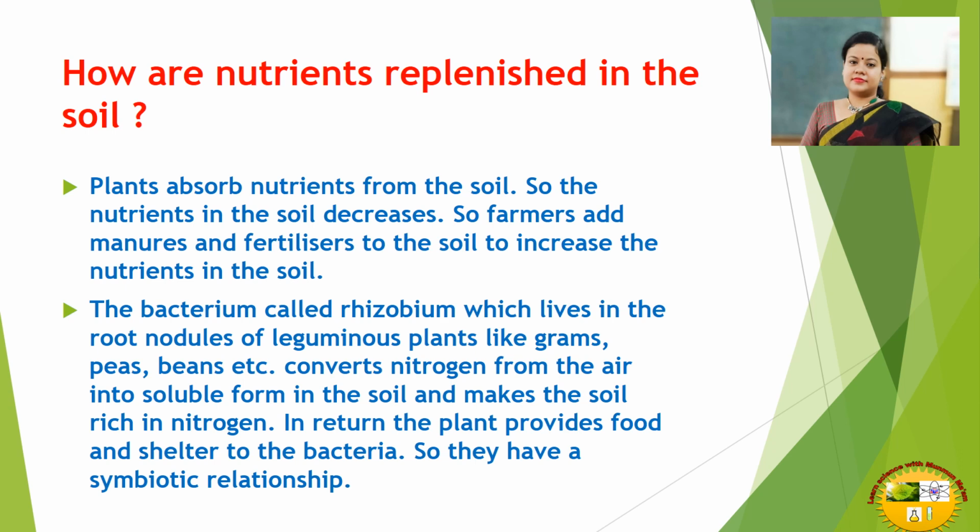We have discussed in our previous video that atmospheric nitrogen cannot be used by the plant directly. So these rhizobium take in the nitrogen and convert it into a soluble and usable form for the plant. In return, the plant provides food and shelter to the bacteria. So here we can also see an example of symbiotic relationship.